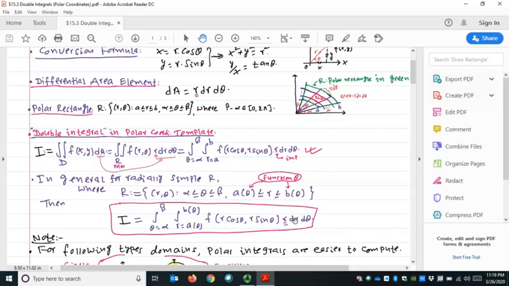So this is the double integral in polar coordinates template for general r.